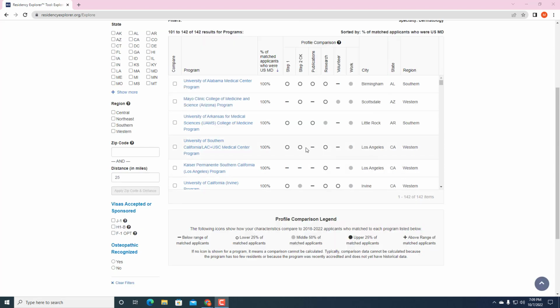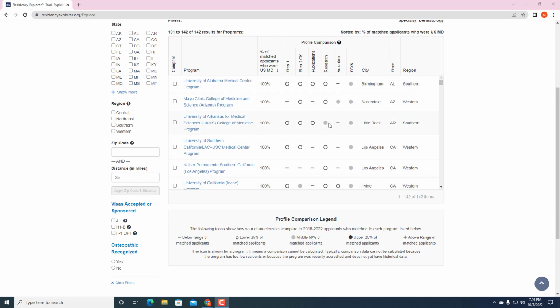If we look at the key here, when you look at this circle, if I were applying to the University of Alabama Medical Center, I would be in the lower 25% of matched applicants. My Step 2 would also be in the lower 25%, as were my publications and research. My volunteer experience would be below the range of matched applicants, and my work experience would be in the middle 50%.